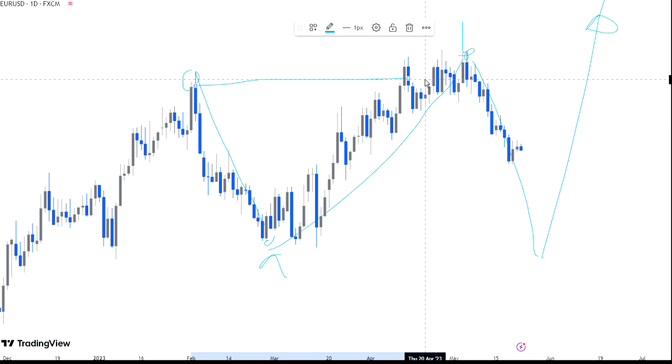Point B has a break upward from the initial point, the previous point here. And at point C we will be having another fake breakout at this point here.